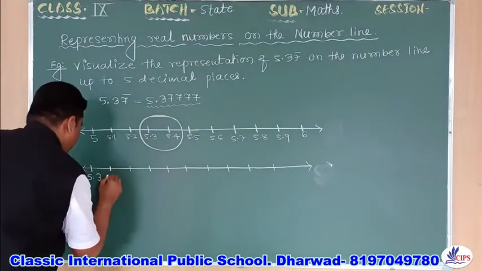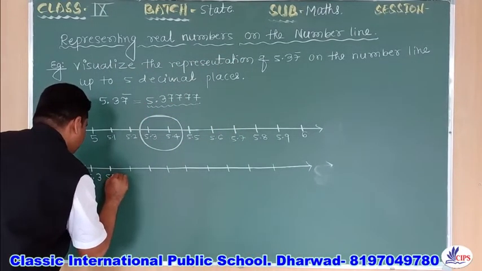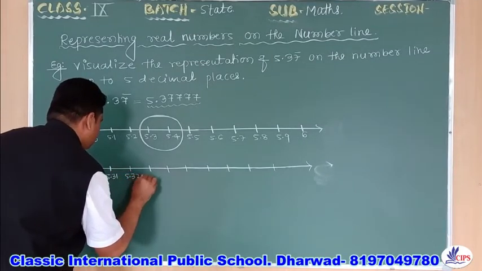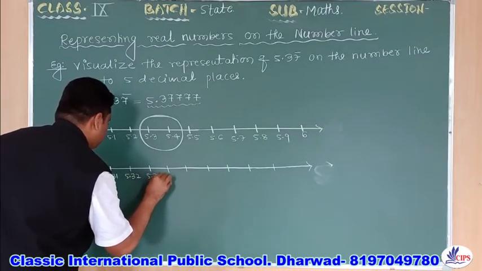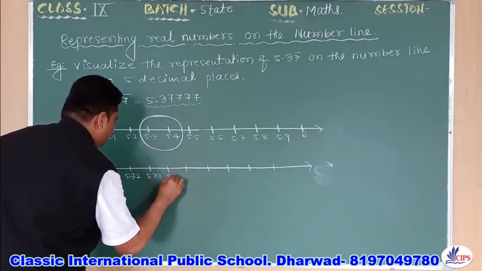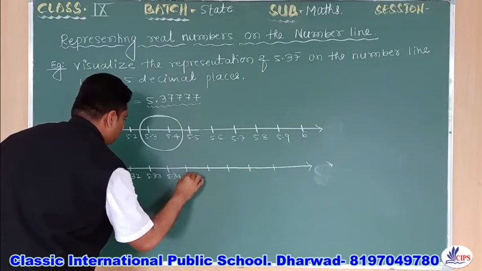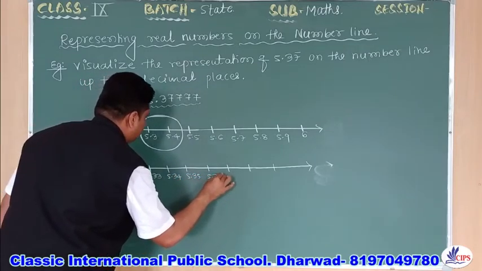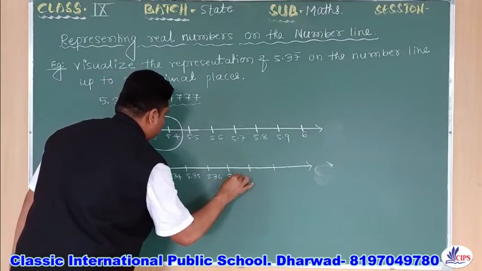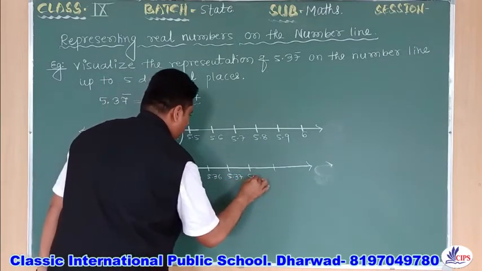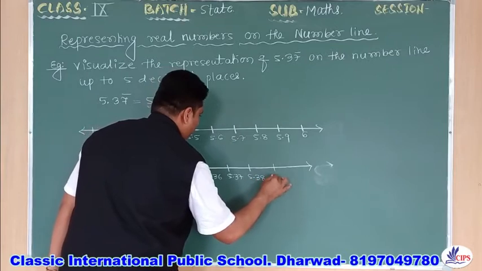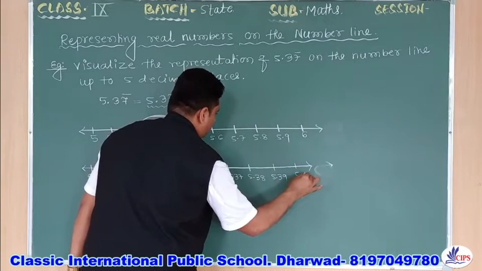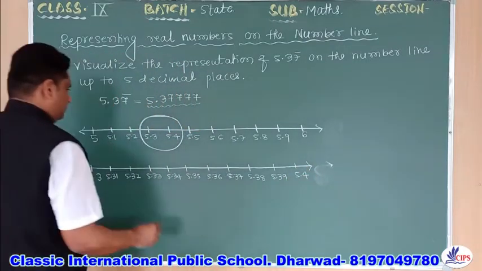Yes, it will be 5.31, 5.32, 5.33, 5.34, 5.35, 5.36, 5.37, 5.38, 5.39, 5.4, right?